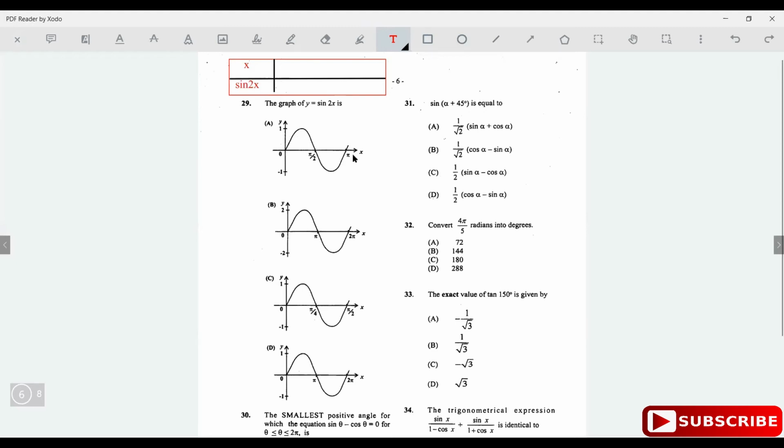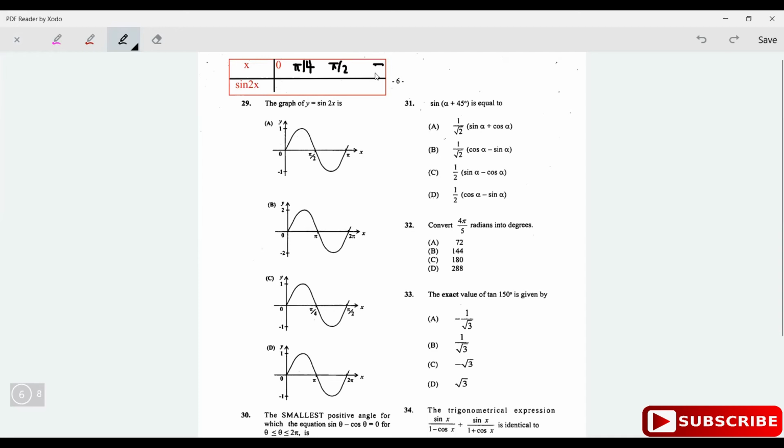The graph they want is between 0 and pi, so I'm going to put in 0, then pi by 4, then pi by 2, then 3 pi by 2, no, not 3 pi by 2.